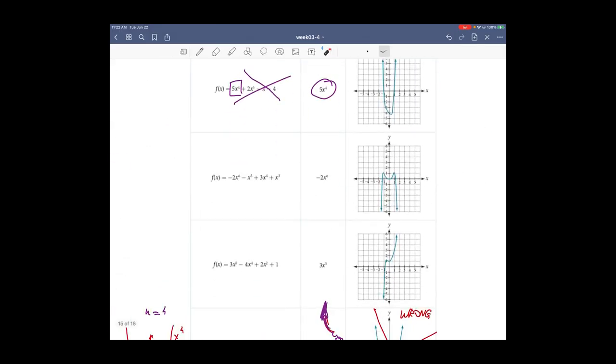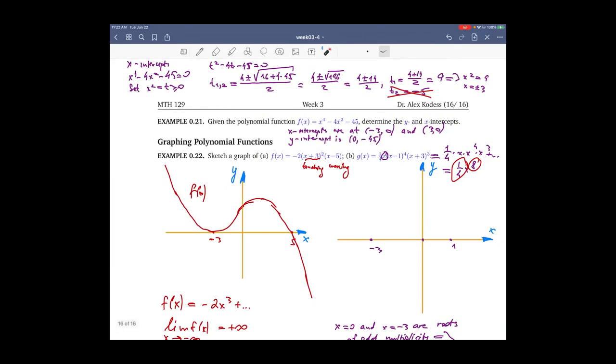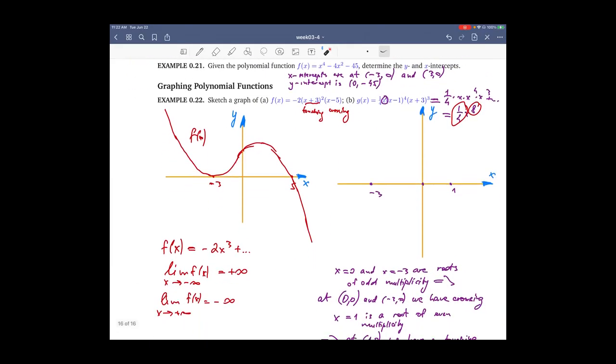So now we're ready to make our sketch. Crossings at negative 3 and 0, and a touch at 1. Note again that this is only a sketch.